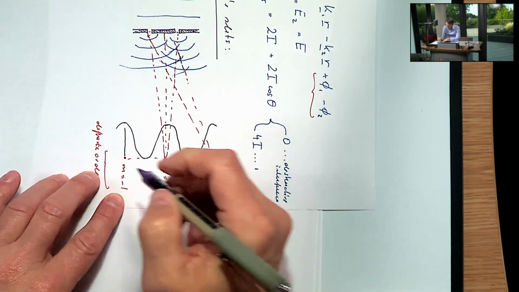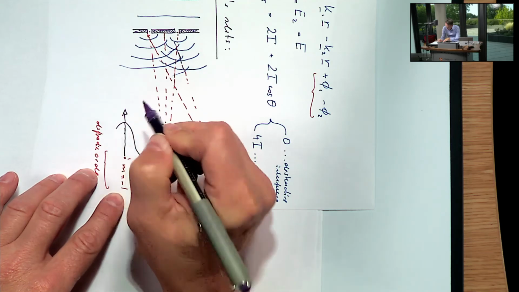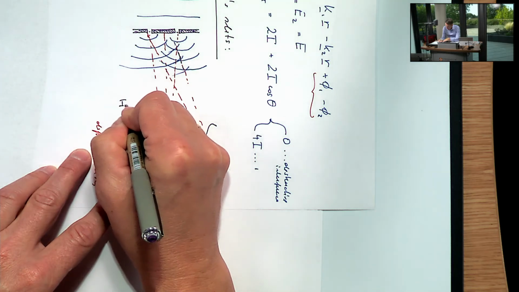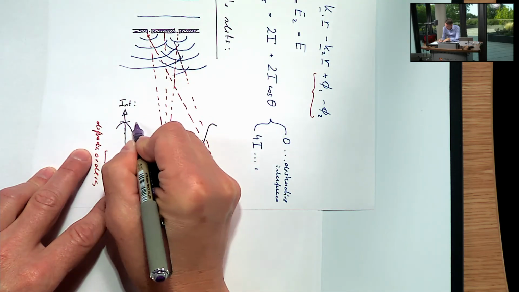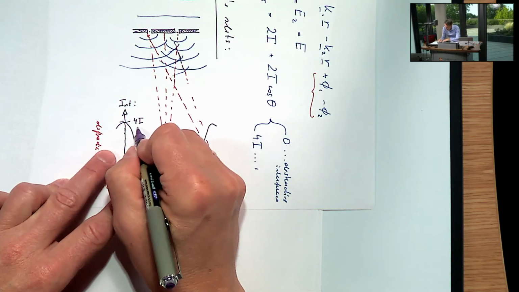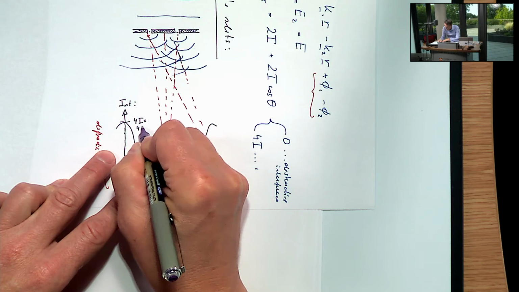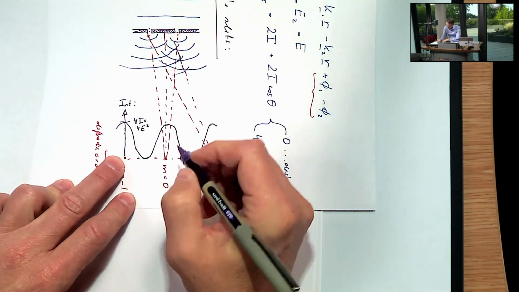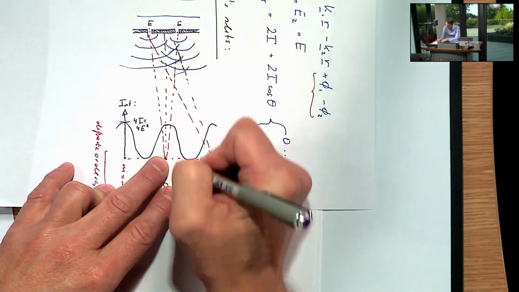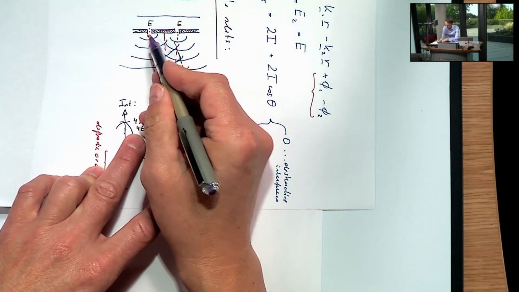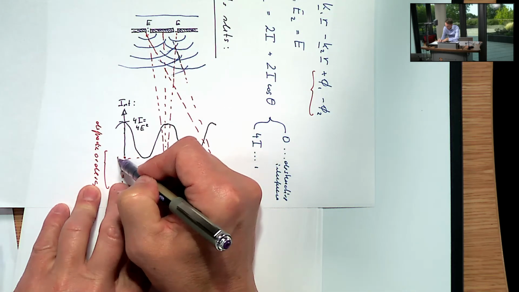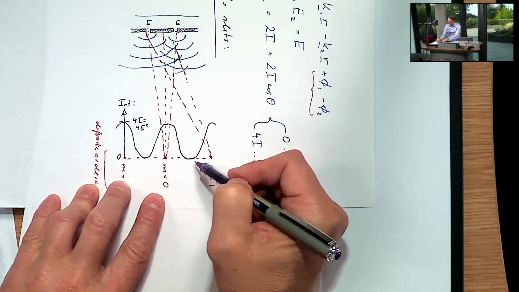The intensity will be 4I, which equals 4E squared, as you have E coming in from this point and E from that one. It goes from 4E squared to 0, and then up to 4E squared to 0 and so on.